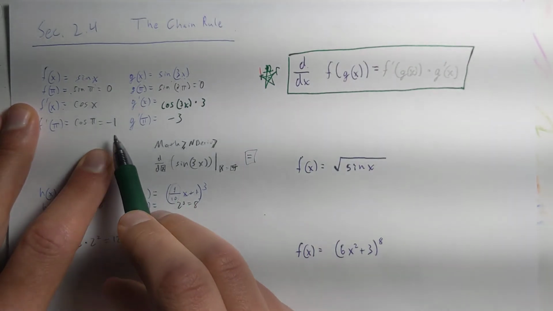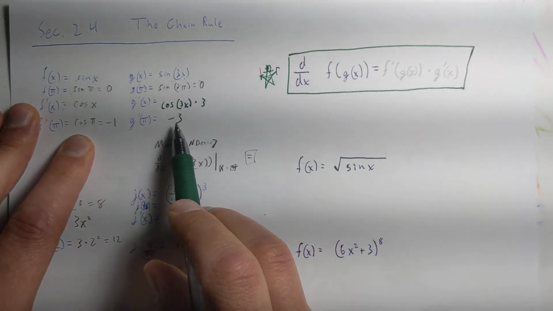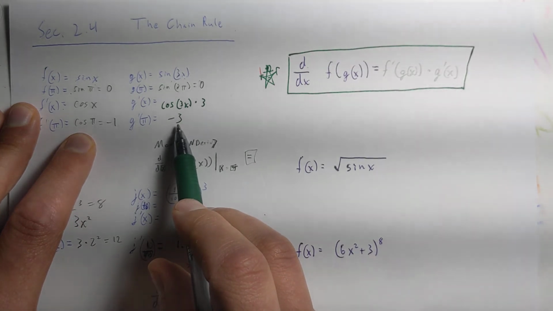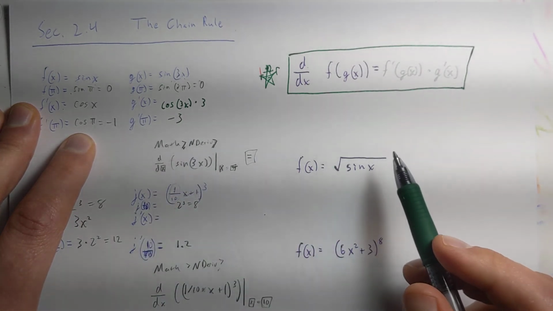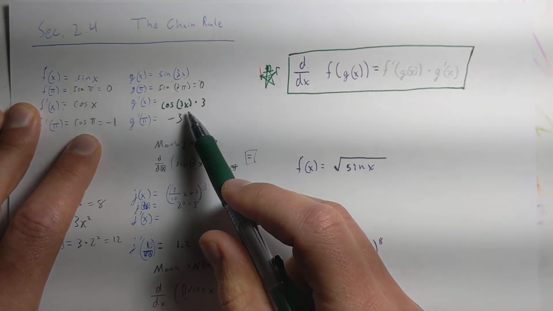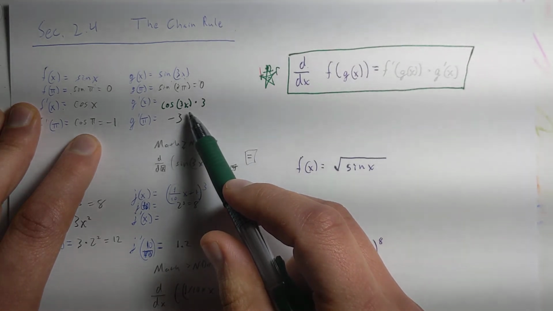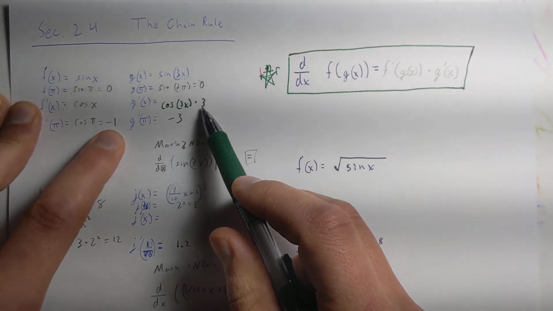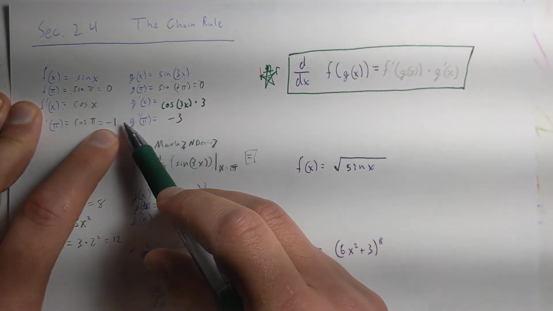And that's why we got negative 3. Cosine of 3 pi would be the exact same thing, but it would be negative 1, but we got the 3 to times it.